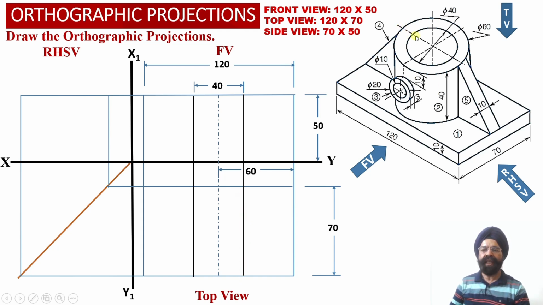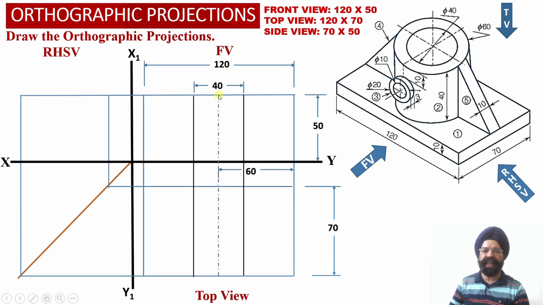Similarly, we know that corresponding to this vertical hollow cylinder, we have got outer diameter of 60 millimeter. So in order to locate these two end points of the diameter, we have to take an offset of 30 millimeter towards the left side surface of the solid and 30 millimeter offset towards the right hand side face of the solid over here.